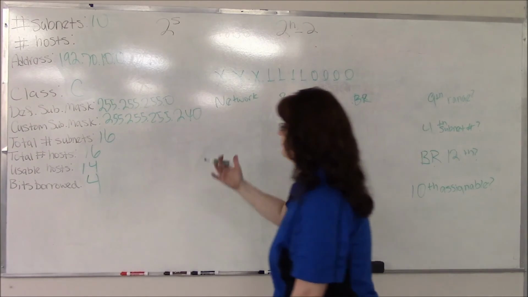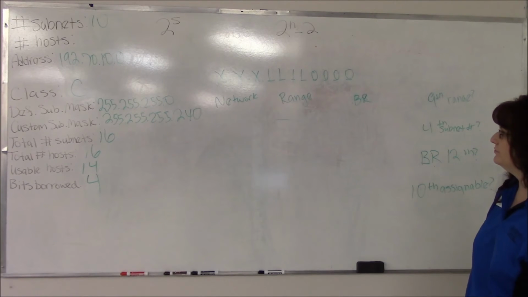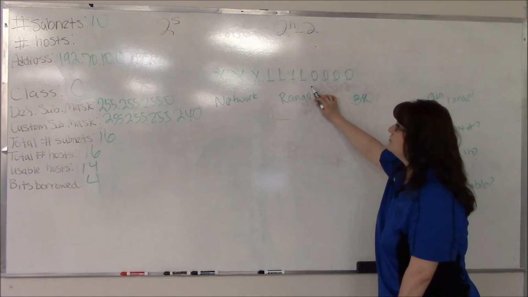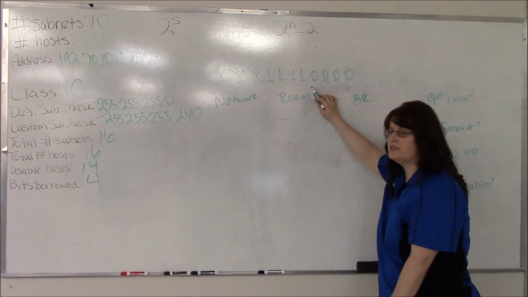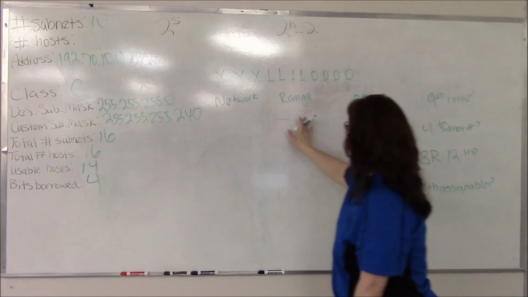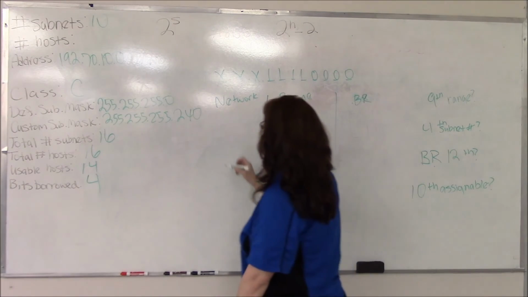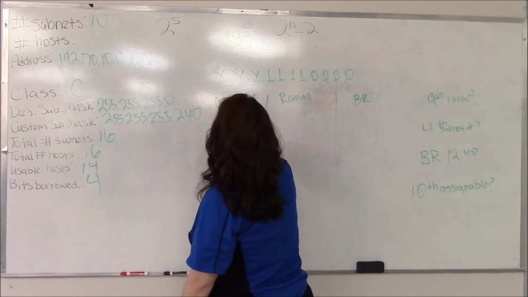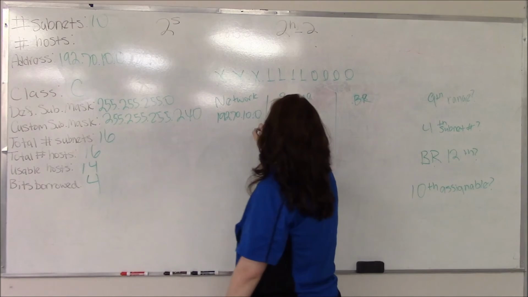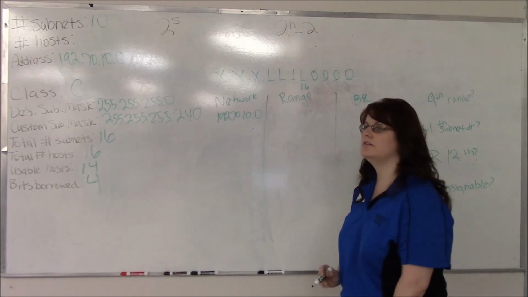Now we come back around full circle to the way we're used to it in Class C. We use the fourth octet because that's where the ones and the zeros switch over. We always start with 0: 192.70.10.0. My increment value is 16.